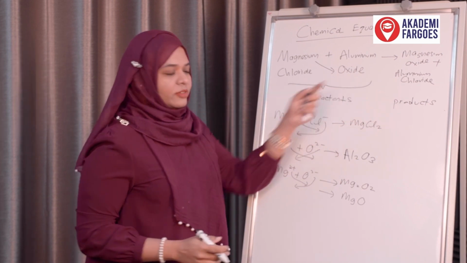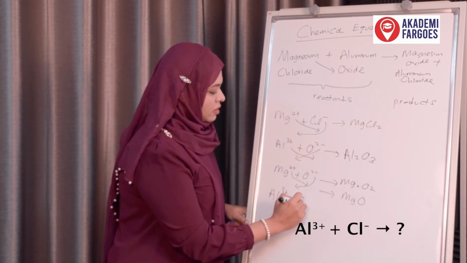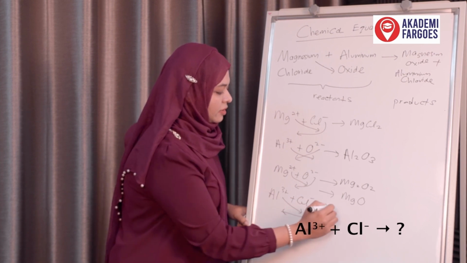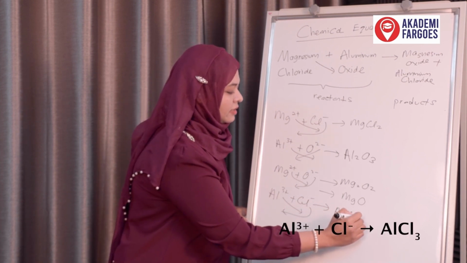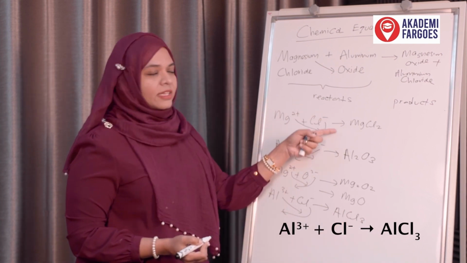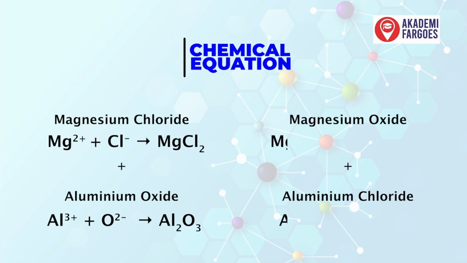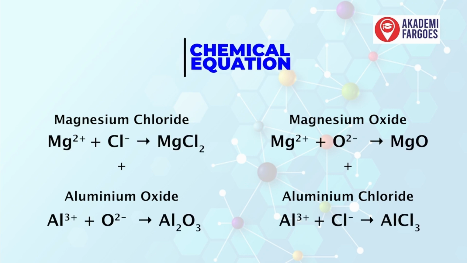Last part, aluminium chloride. Aluminium is 3+, chloride is Cl-. 3 comes here, -1 comes here, it becomes AlCl3. So these are all the chemical formulas for these chemical equations. Now I'm going to combine all these chemical formulas to form a balanced chemical equation.